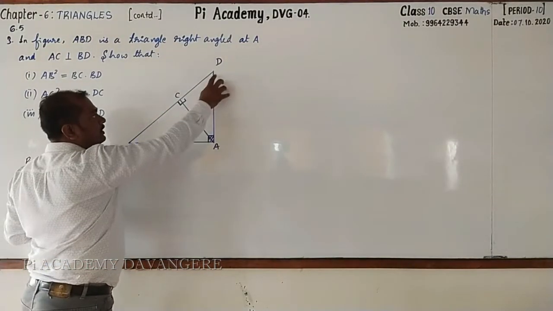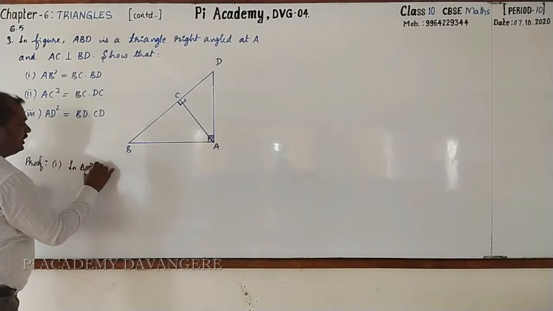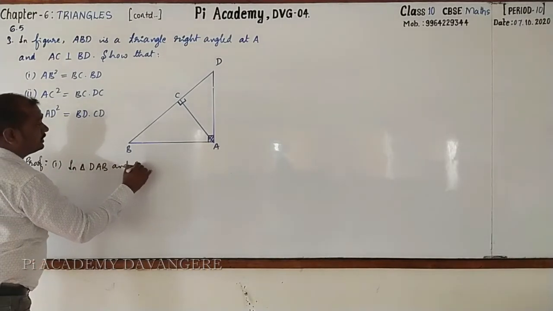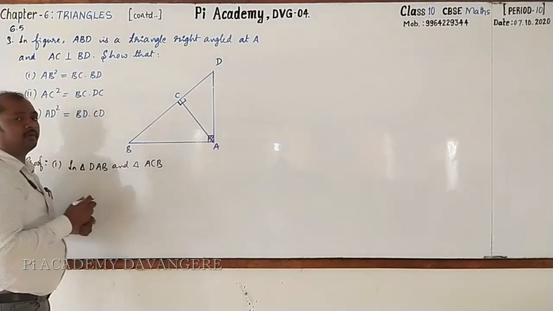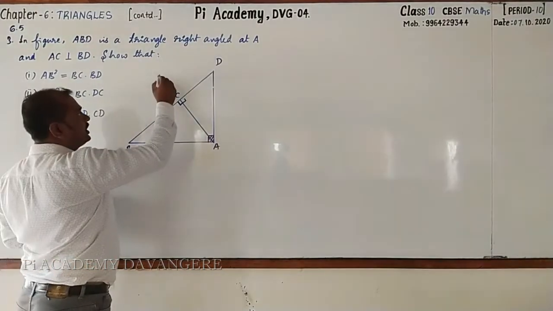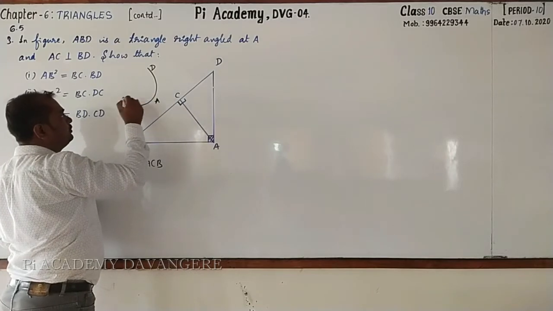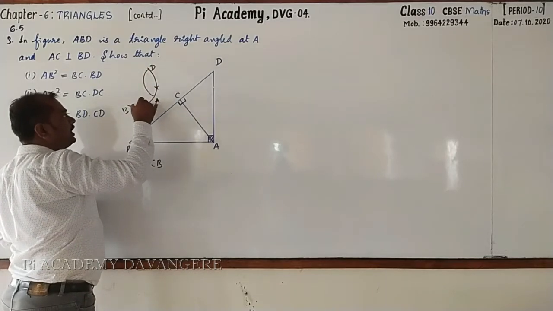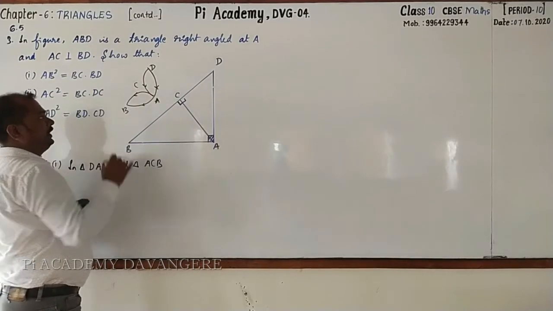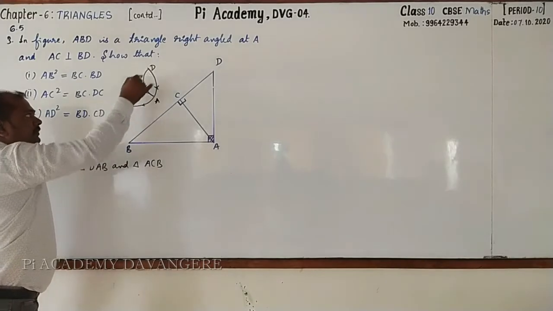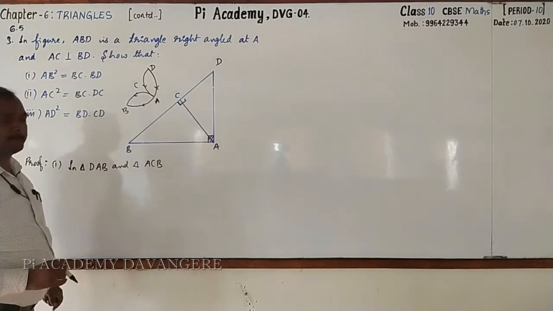I go for taking the triangle DAB first, and another triangle which is ACB. Dear students, I have already told you how to take these triangles. See that? It is D, this is A, this is B, and see, I am showing the direction as well. Next, A, this is C and this is B. I have taken DAB and ACB.